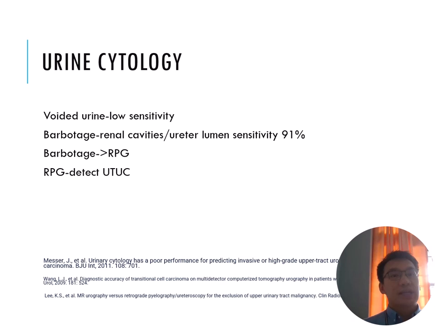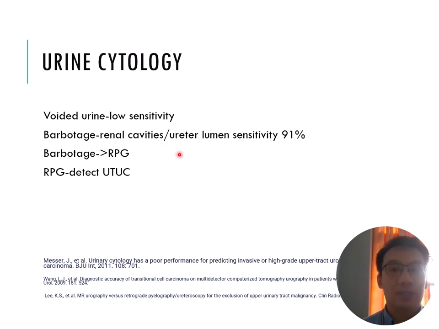Next, can you use urine cytology to detect UTUC? Studies have shown that voided urine has low sensitivity for detecting UTUC. However, if you perform a URS and upper tract urine bubble touch, you get urine from the renal cavities and ureteral lumen, and the sensitivity is quite high, 91%.